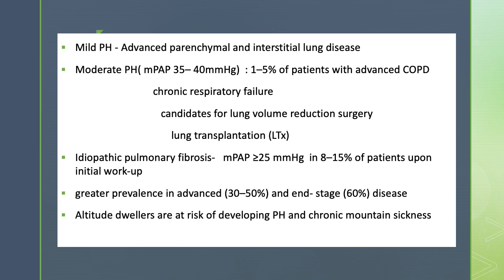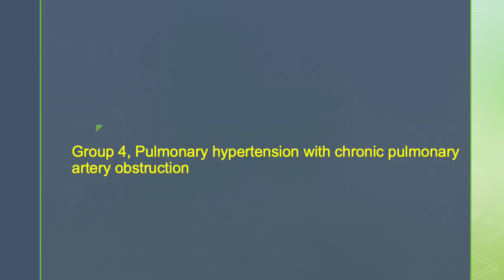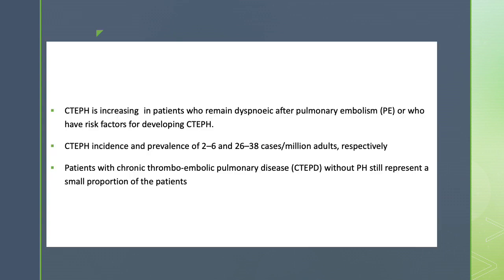And another category is mountain sickness. High altitude dwellers may have more PH, but there's not enough data or registries to say what the extent is, but there have been reports. Coming to the fourth group with pulmonary artery obstruction, it can be chronic thromboembolic pulmonary hypertension.